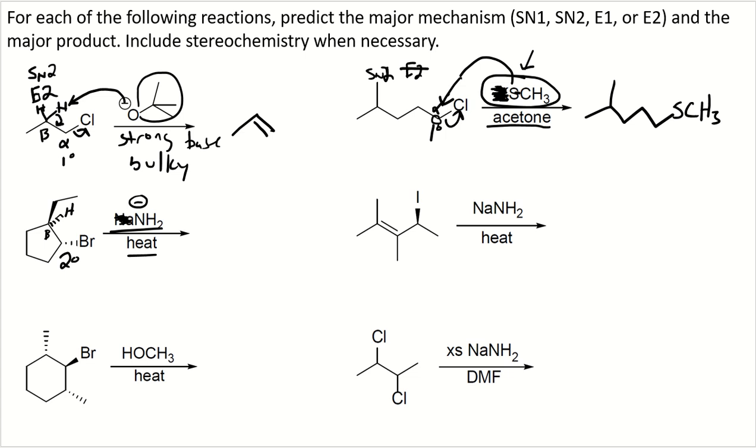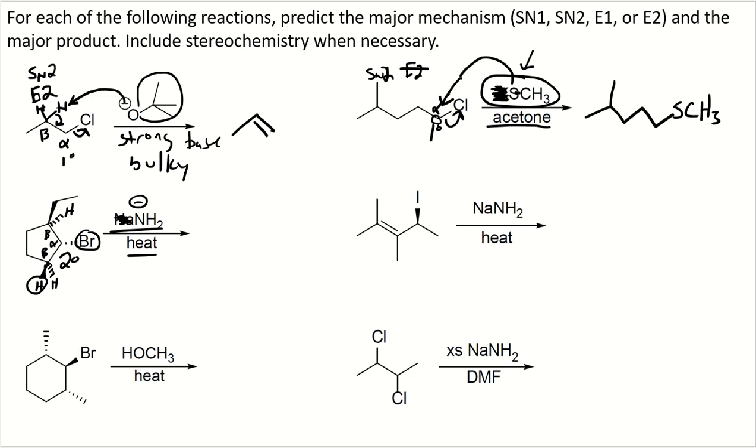Well, the favored position is actually not possible because the hydrogen's not correct. So we look at the other beta position down here. This beta position relative to our, again, alpha position, the carbon with the leaving group, we have two hydrogens. One of them is in the correct position. One of them is anti-coplanar or anti-periplanar to the bromine.